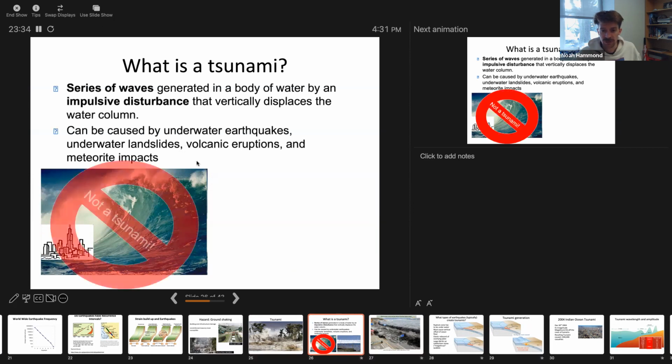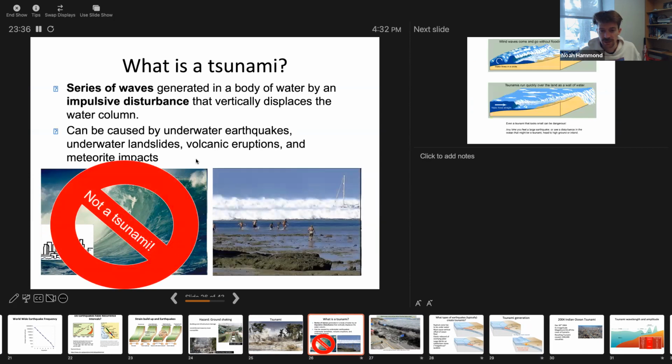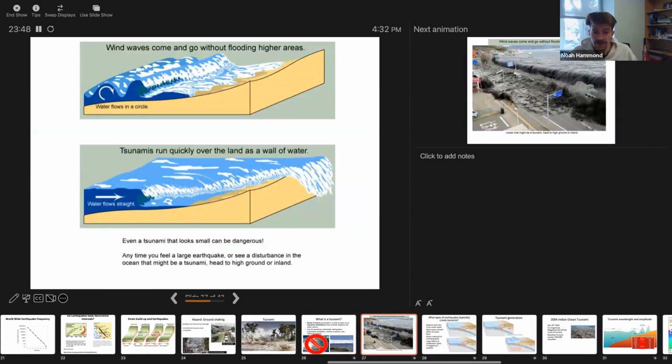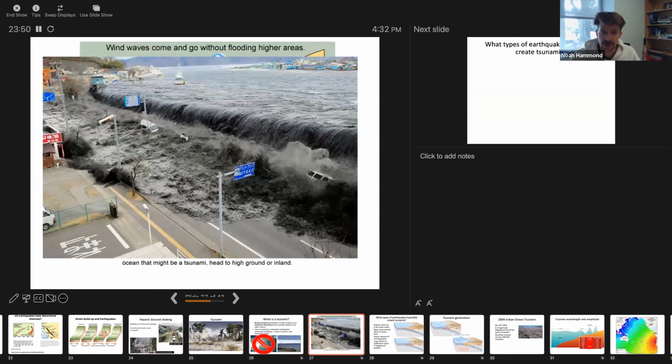They look more like this, where the sea just kind of rises up and gets pushed higher and higher. The sea level gets higher and higher and pushes further and further inland. So here's another picture of a devastating tsunami that occurred in Japan that was triggered by an underwater earthquake.